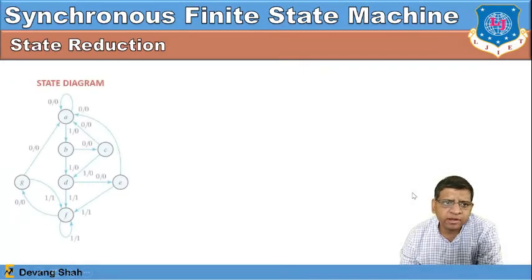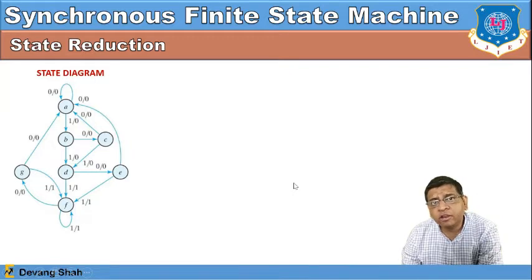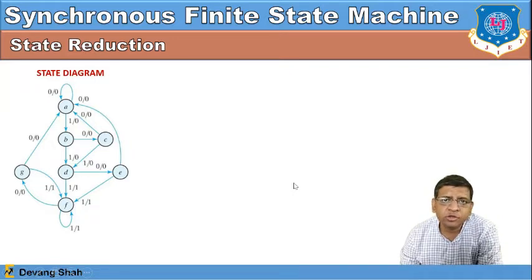So based on that, this is one kind of state machine where A, B, C, D, E, F and G all are defined as states. Like if you take 2 variables, you have 4 states like 00, 01, 10 and 11, right? Based on that, here you have states A, B, C, D, E, F and G. Now this particular line shows that 0 is the input and 0 is the output.